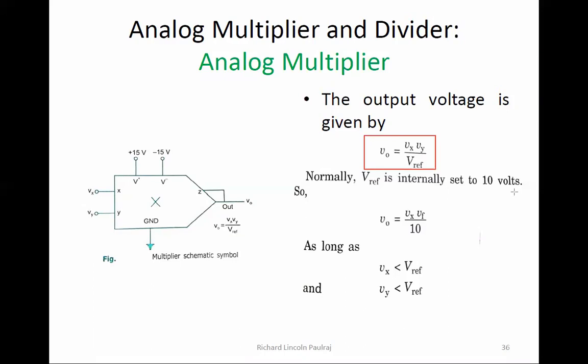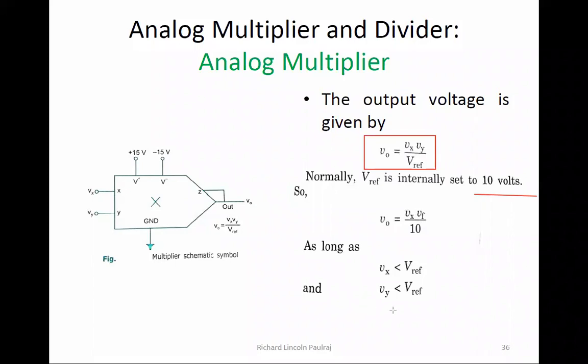It's like a scale: above the scale you are treated as one class, below it as another. So it is a point of reference. Here I have a voltage reference kept at about 10 volts. So V naught is equal to Vx by Vf divided by 10, and this holds good. Why am I taking Vf? Because this is going to be the feedback one.